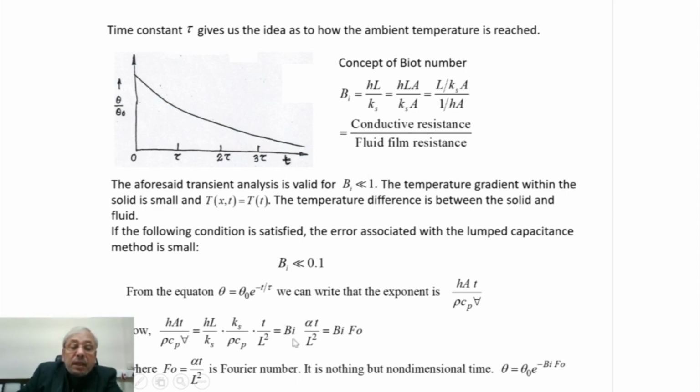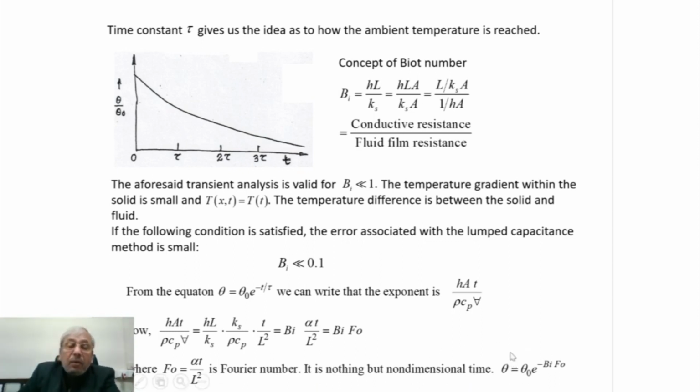So this is Biot number into alpha T by L square, and this is also a non-dimensional group, and its name is known as Fourier number. So Fourier number is alpha T by L square, and it is nothing but a sort of non-dimensional time.